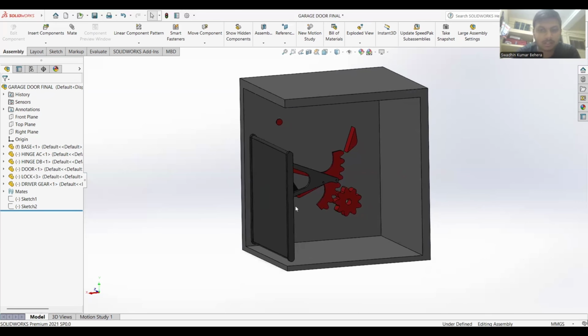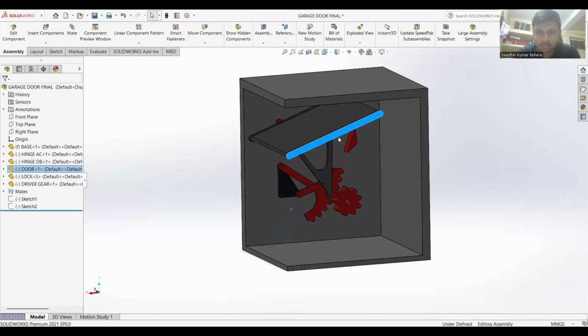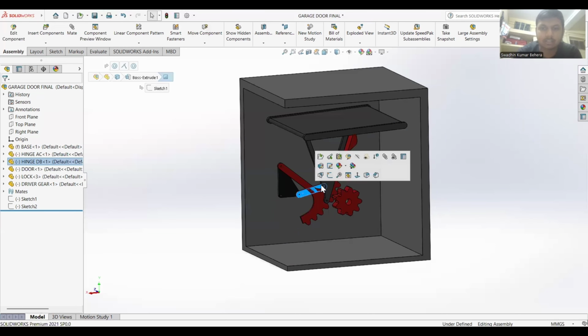which will reduce the force required to lift the garage door. If we applied the force to the shortest link, it would require much more force, right? As torque required is force times the perpendicular distance from the axis.